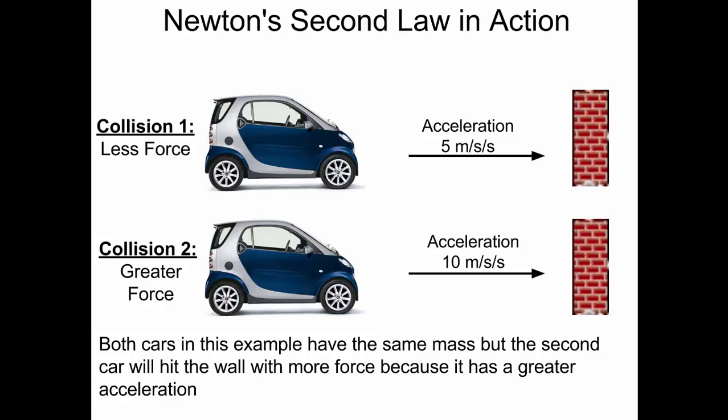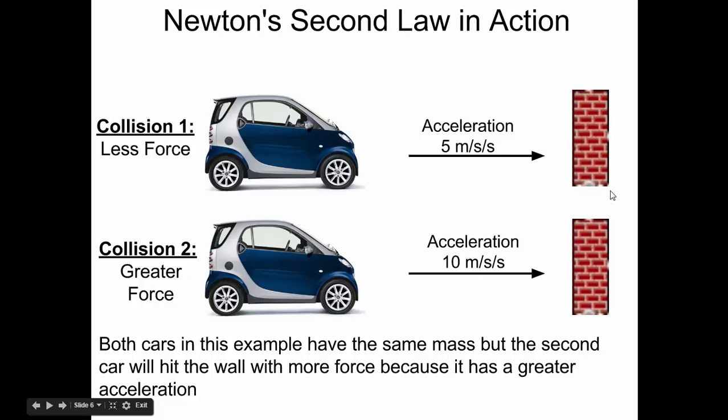So let's look at Newton's second law in action. We have two cars that have the same mass. And we know that the car in the first picture had an acceleration of 5 meters per second squared, and our car in our second picture had an acceleration of 10 meters per second squared.